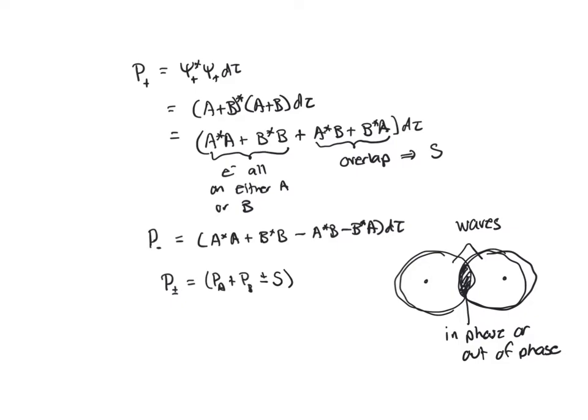So in the case of A minus B, we get an out of phase addition, interference of the waves, and we end up with a node between the two nuclei. Whereas when we're looking at the addition of A plus B, those waves are in phase, and we end up with extra amplitude, a higher probability of finding the electron between the two nuclei.